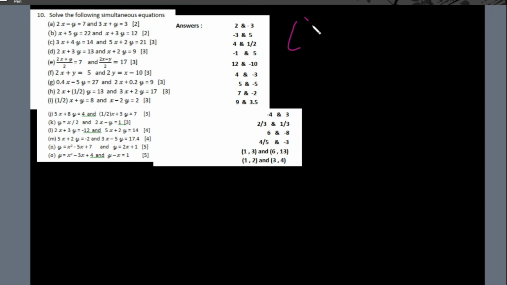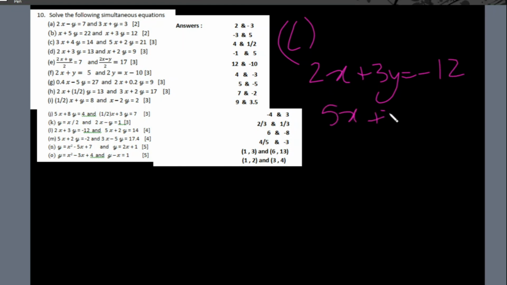convenient. I'll quickly show it to you. 2x plus 3y equals minus 12, and 5x plus 2y equals 14. I want to change the numbers such that the coefficient of x has the same value but opposite sign in both of the equations.